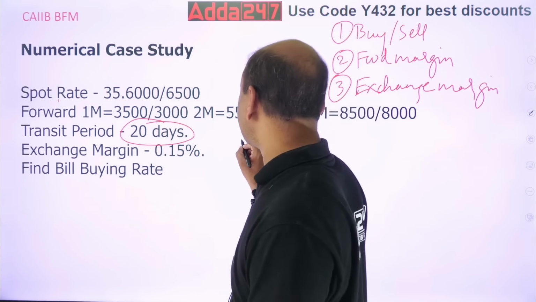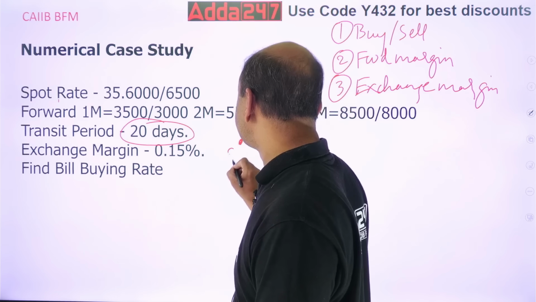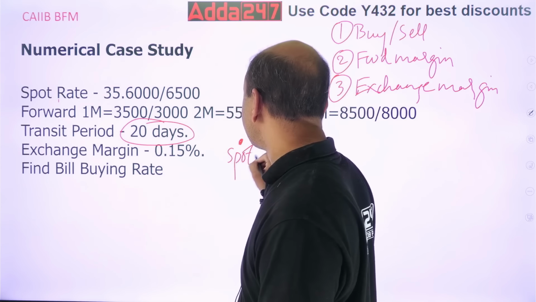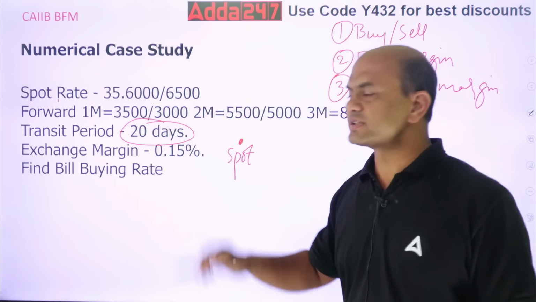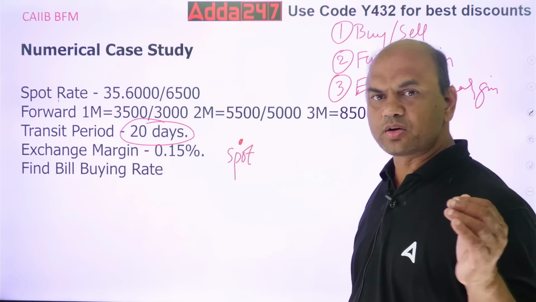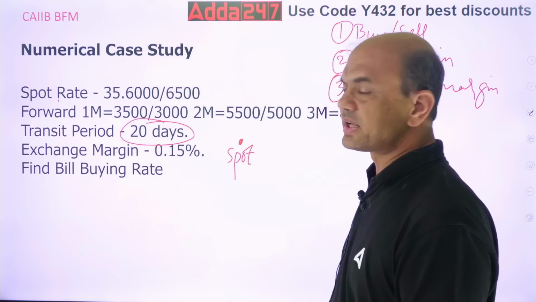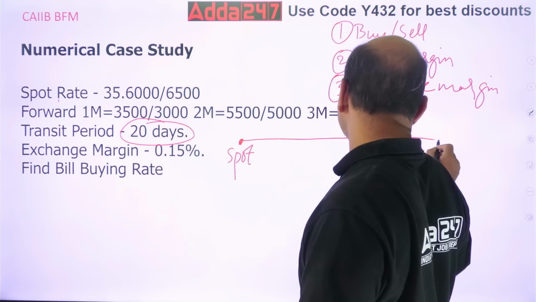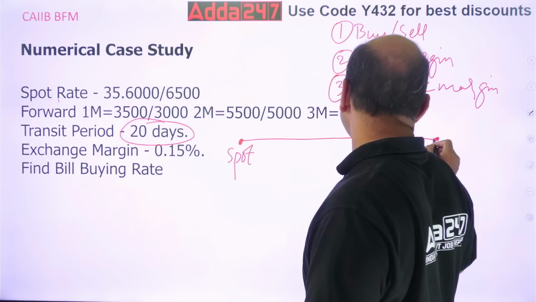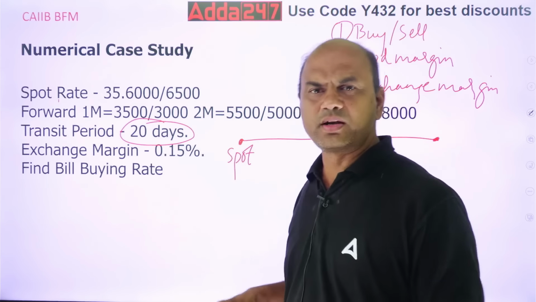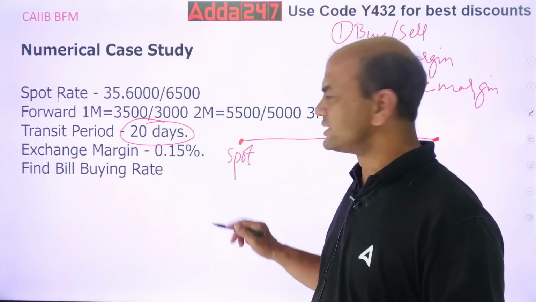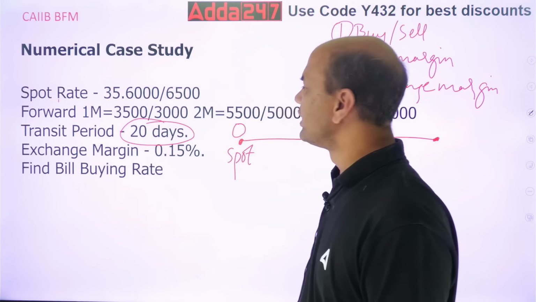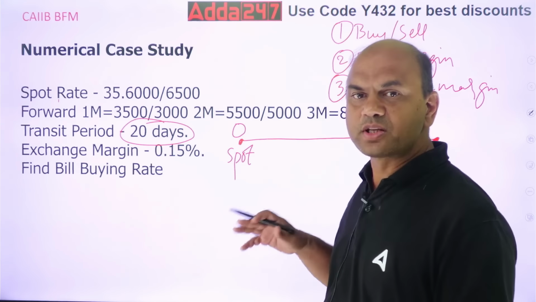This is spot. Spot means today. Transit period is 20 days, so when I send the documents, it takes 20 days. Now, this 20 days will lie between what? Spot means 0, and 20 will lie between 0 and 30.